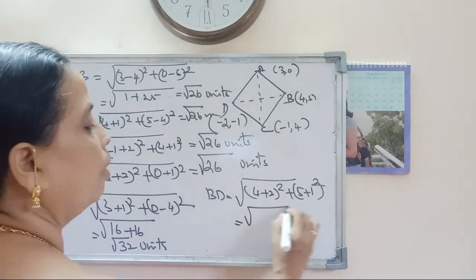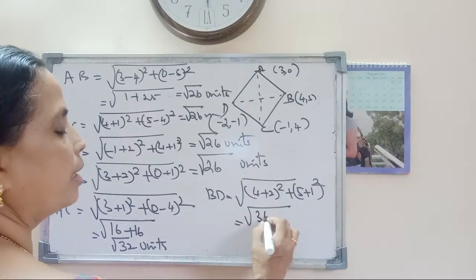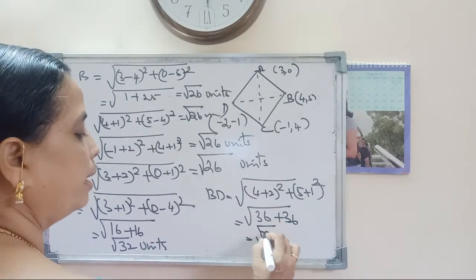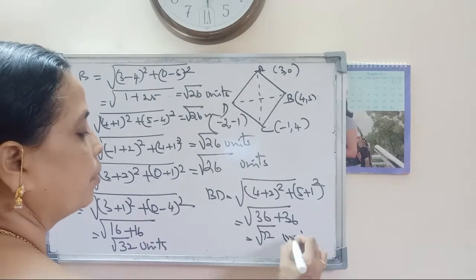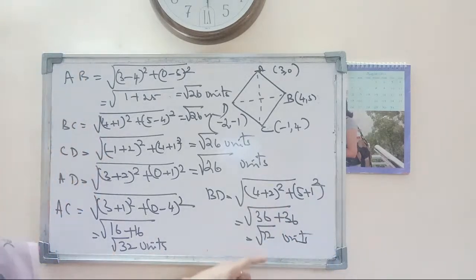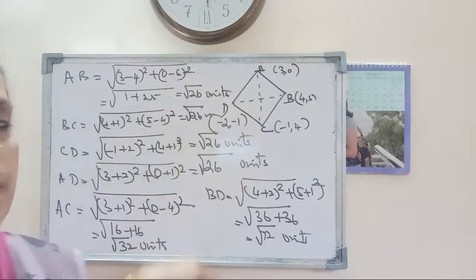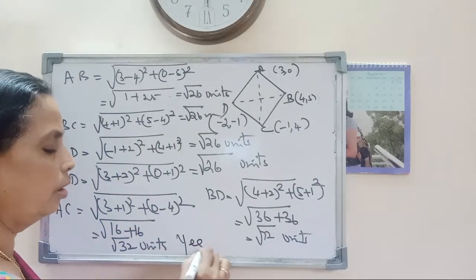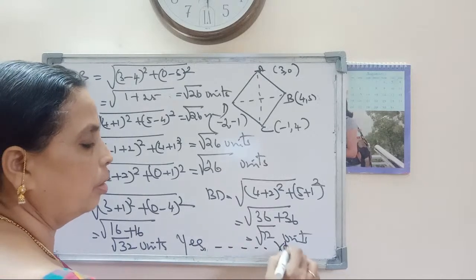It is root of 6 square is 36 plus 36, root of 72 units. So diagonals are not equal, all four sides are equal. Then come to the conclusion, yes, they are the vertices of a rhombus.